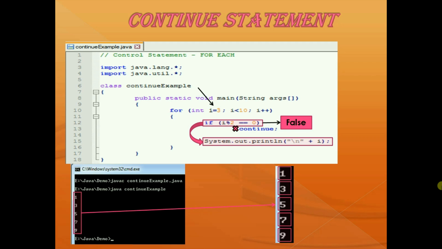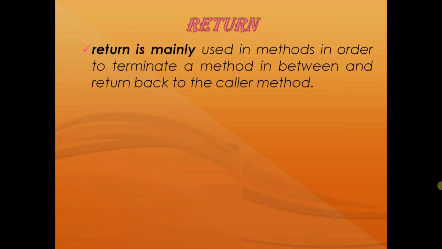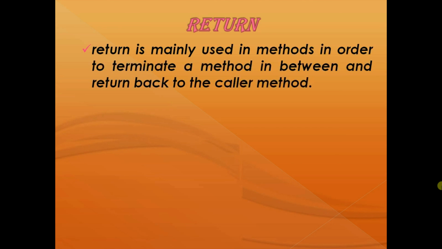And third, we will discuss the jump statement, that is return statement. This statement is mainly used in methods in order to terminate a method in between and return back to the caller method. This is an optional statement, that is, even if a method does not include a return statement, control returns back to the caller method after execution of the method.